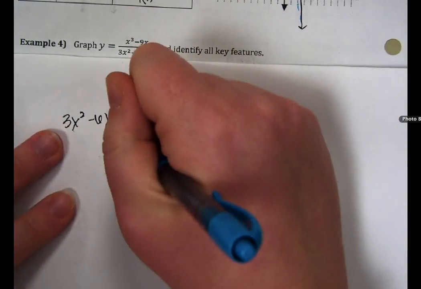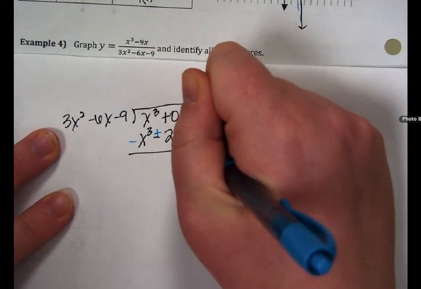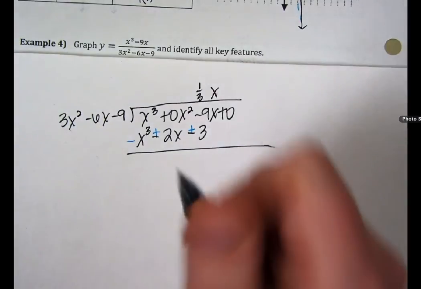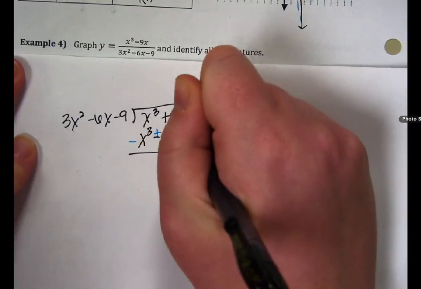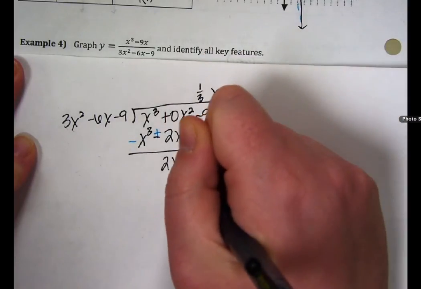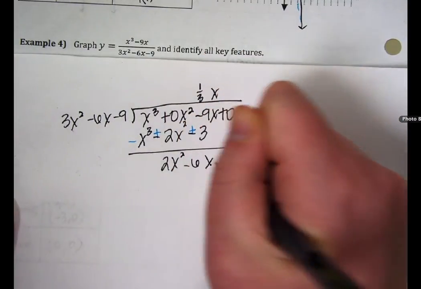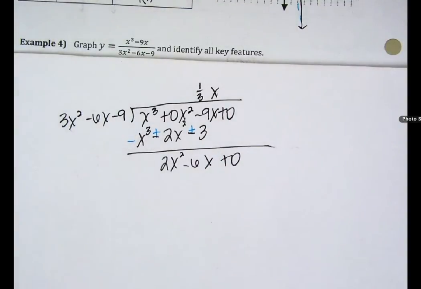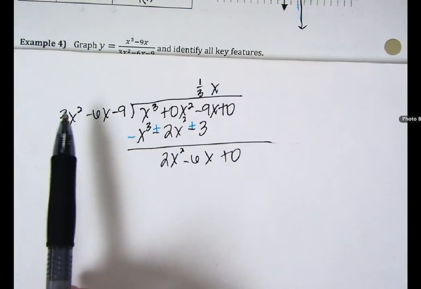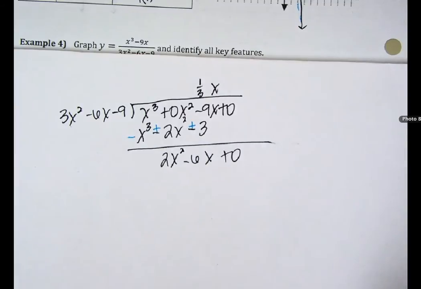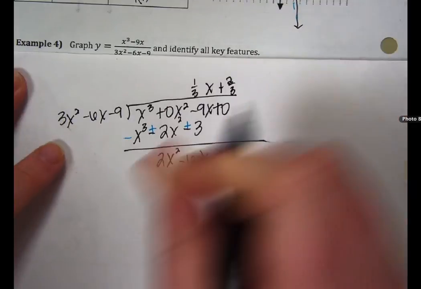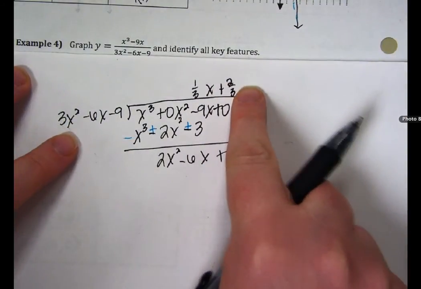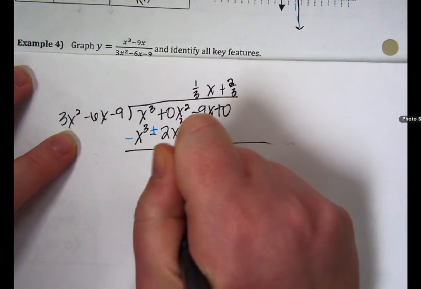When we subtract, we'll change the sign and add. So the x cubes cancel. 2x squared minus 6x plus 0. Then it's 3x squared times what gets us 2x squared? That would be 2/3. So 2/3 of 3 is 2, 2x squared.